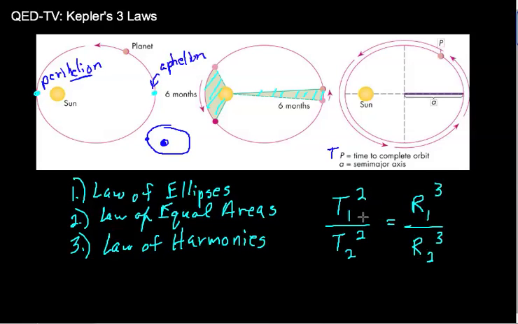So the law of harmonies basically states that the ratio of the squares of the periods of any two planets is equal to the ratio of the cubes of their average distances from the sun. So the ratio of the squares of the periods of two planets is going to be equal to the ratio of the cubes of those two planets' distances.